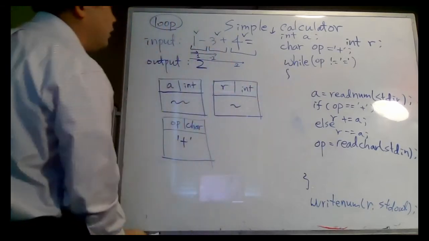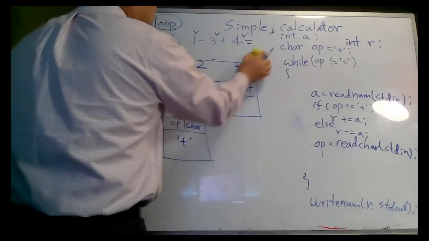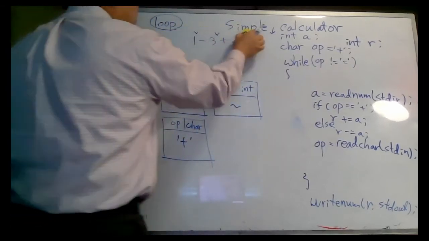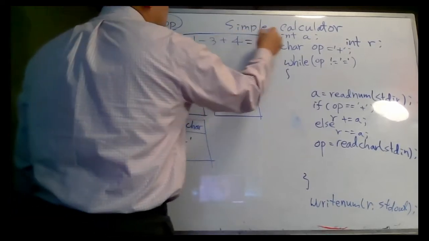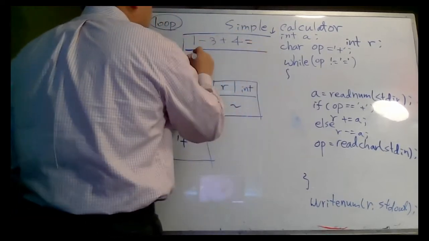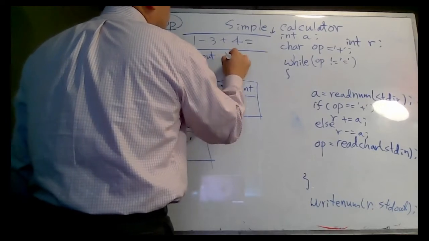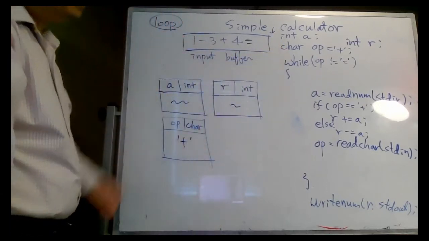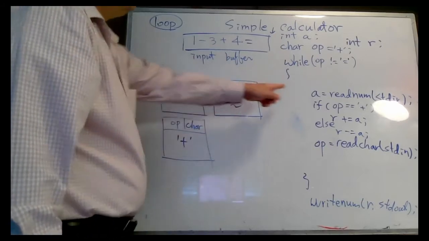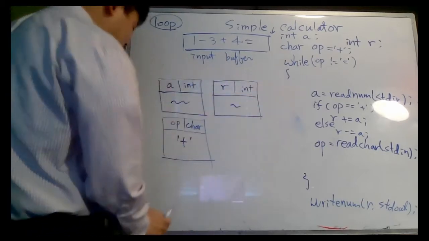Okay, so let's try to think about the situation. Let's assume this is what's contained in the input buffer. That means the user typed in this string. So A is read.